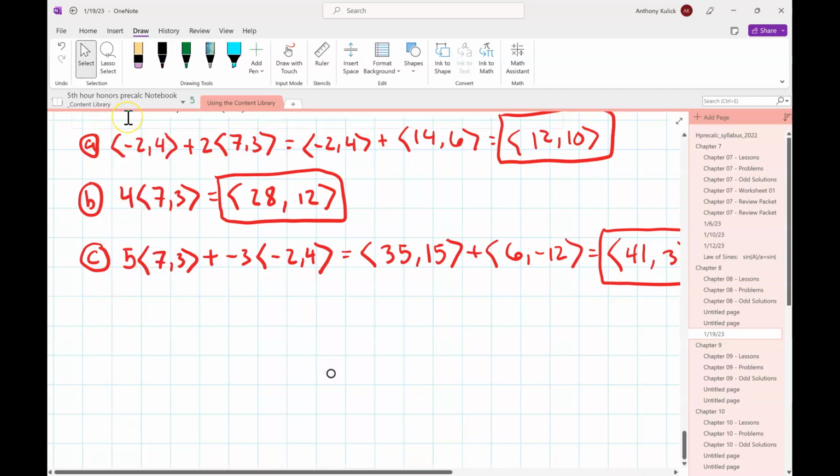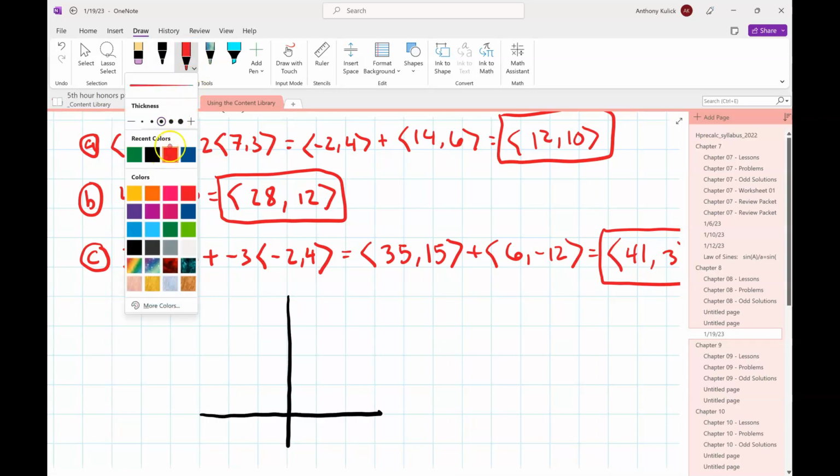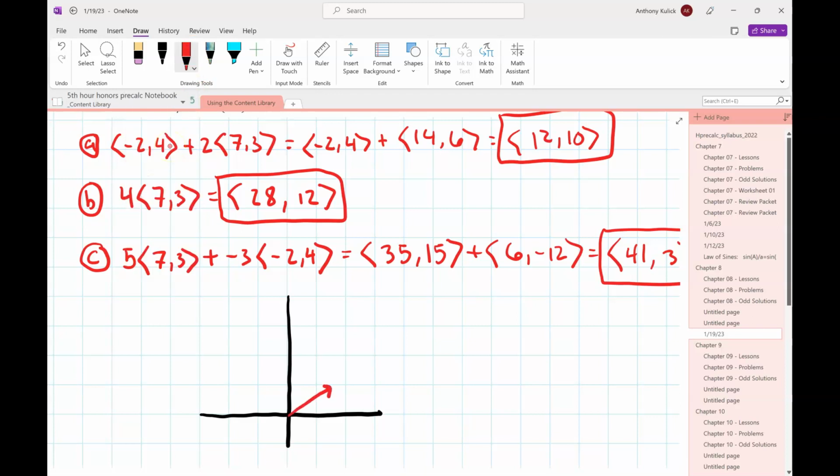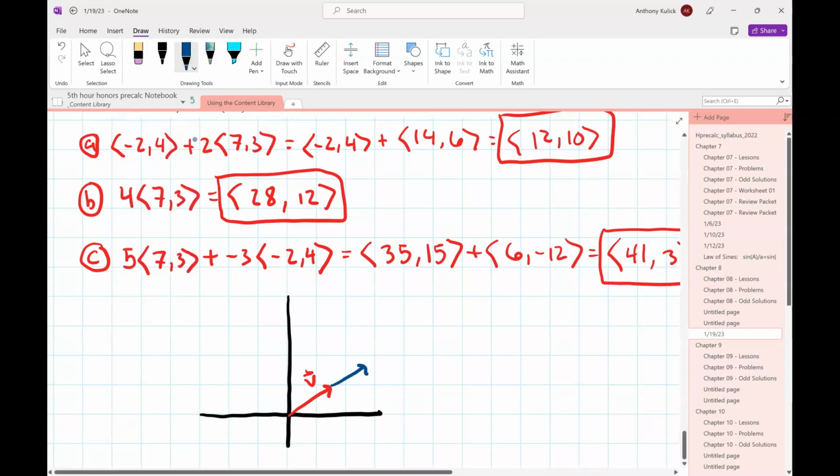So again, we've talked about geometrically what vector addition looks like. Just to give you an idea of what scalar multiplication looks like: if this is vector v here, and I want to graph 4v, we're just stacking 4 of these v's right on top of each other.